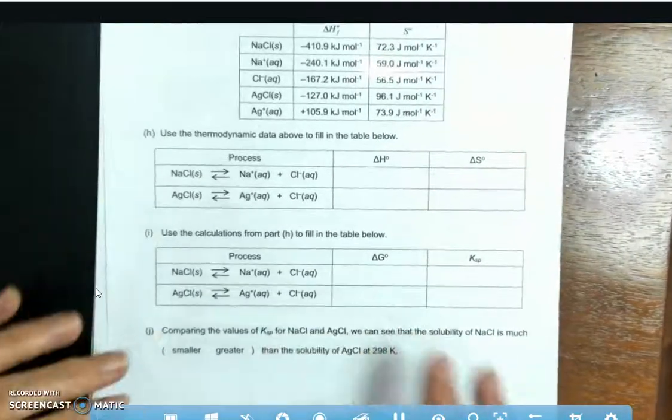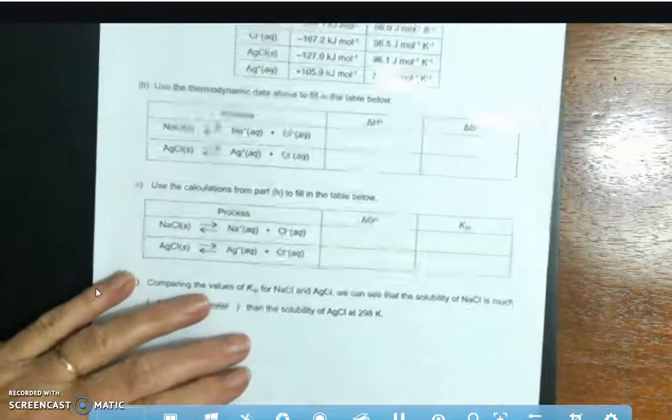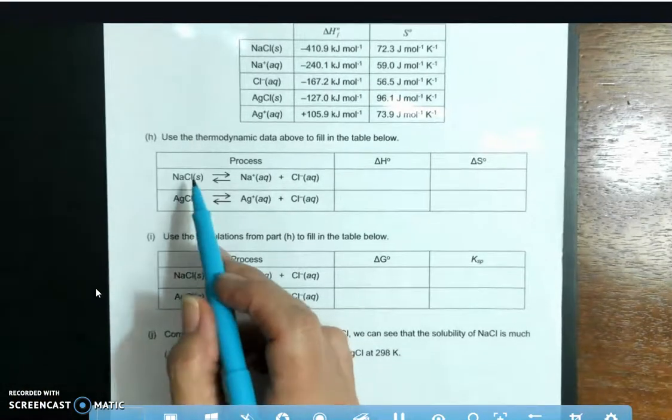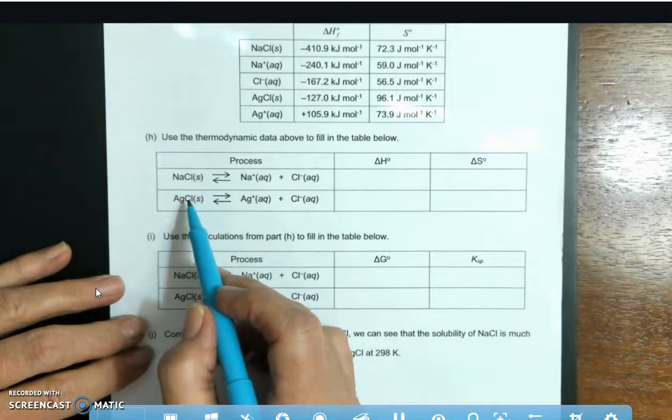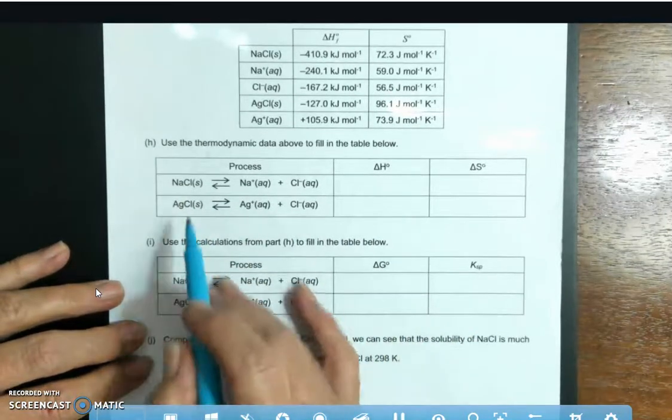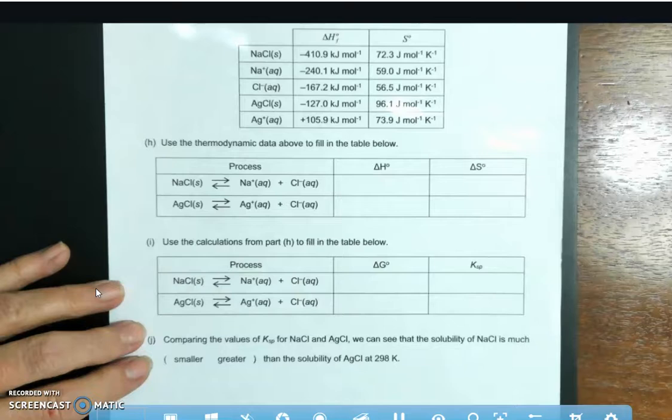Now, let's put all this together and look at another example. This actually comes from an AP FRQ. So what I have here is two salts. I've got sodium chloride and silver chloride, and the question is, which one is more soluble, sodium chloride or silver chloride?